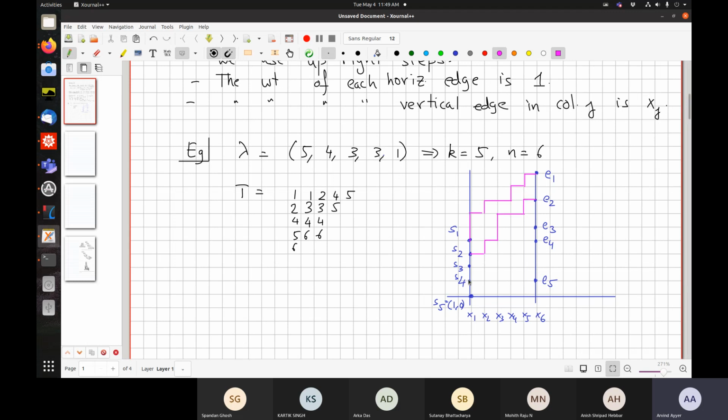Similarly, for S3, there are 3 vertical lines at x equal to 4. So let me start here. And for S4, there's one at x equal to 5, and 2 at x equal to 6.